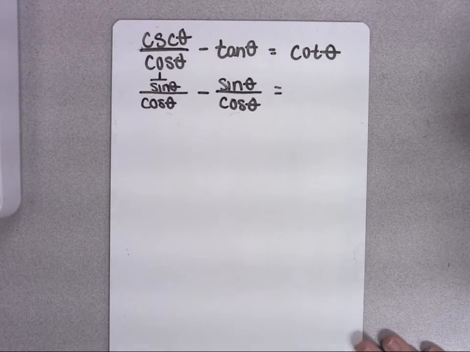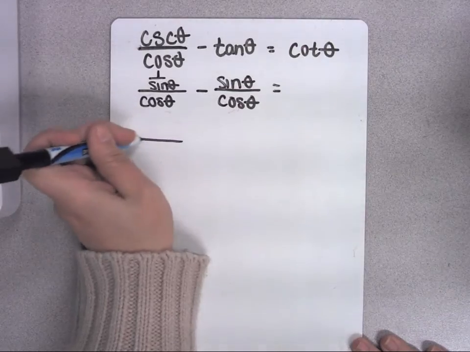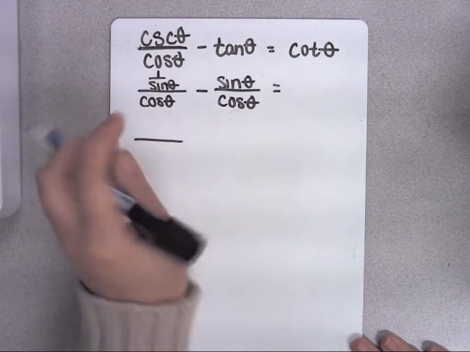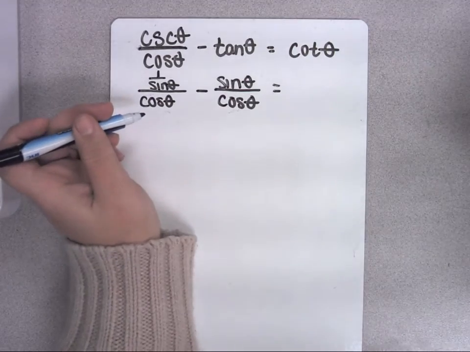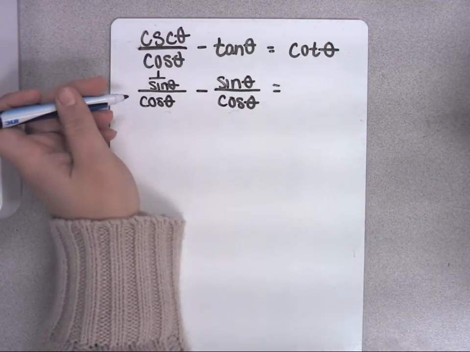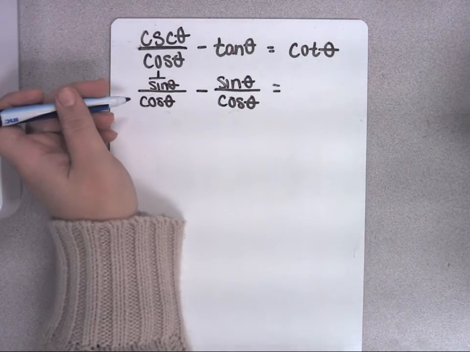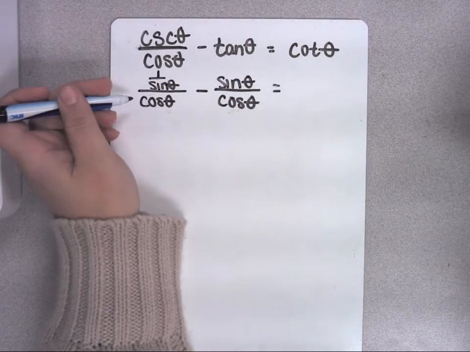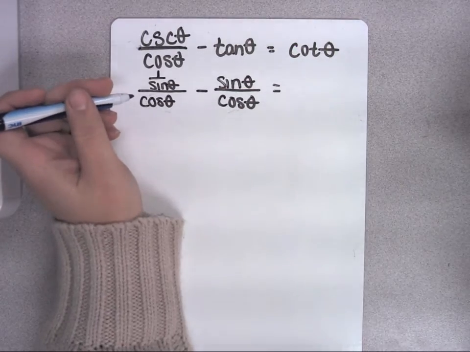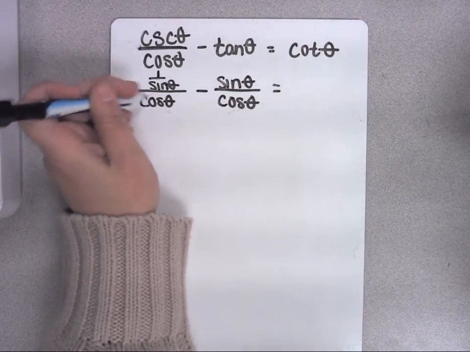Yes, that's what it was originally. Cosecant of theta. To get rid of a fraction in a fraction, you multiply the numerator by the inverse of the denominator. Isaac did it wrong because he forgot that this cosine is like a whole number.